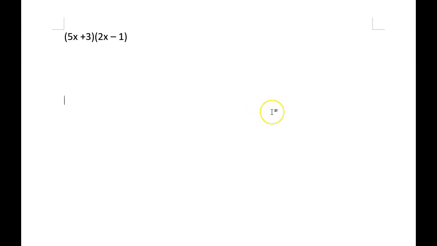So here we want to expand this expression. Now we've got two brackets in a way, and what we need to do is multiply each factor with each other.